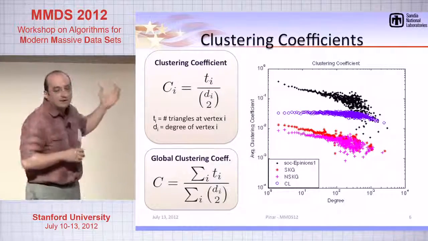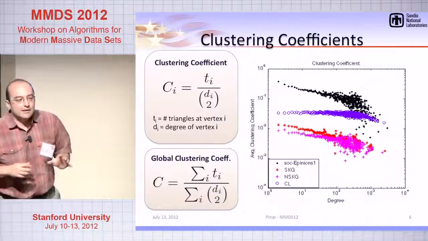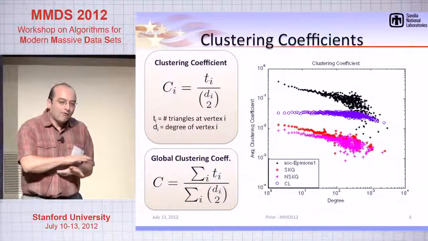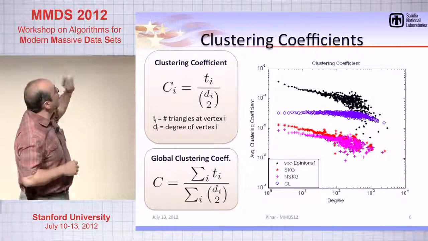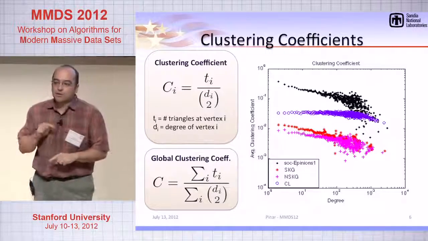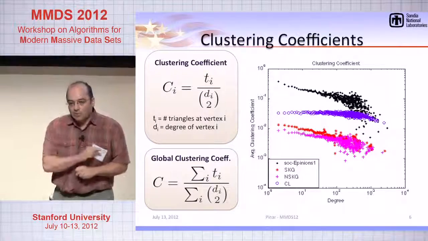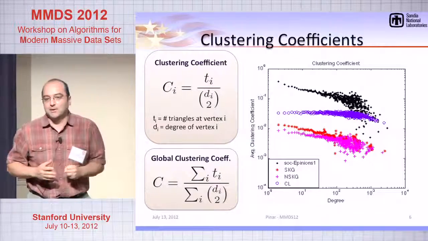You can define it in different ways. You can define it per vertex. The idea is it's a measure of how clique-like the neighborhood of a vertex is. For vertex i, I look at how many triangles this vertex is incident to, and I divide it by the maximum number of triangles this vertex can participate in.